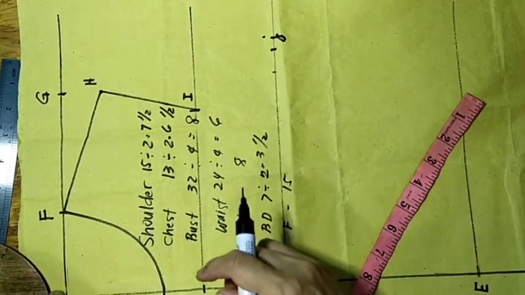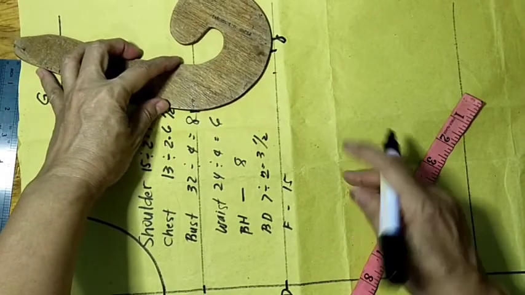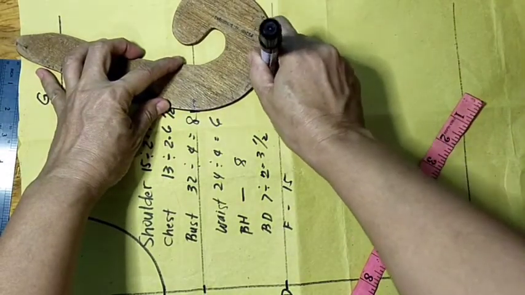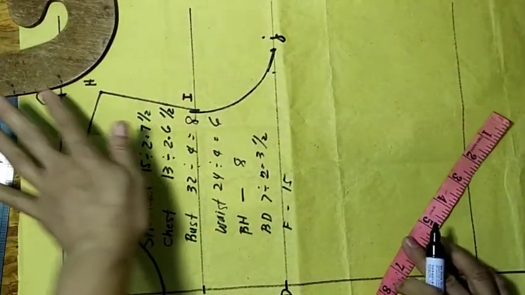Then, connect J and letter I using French curve. Okay, this is your armhole.